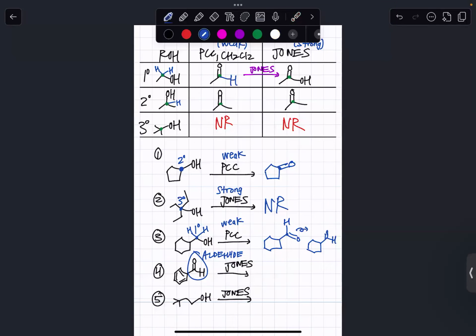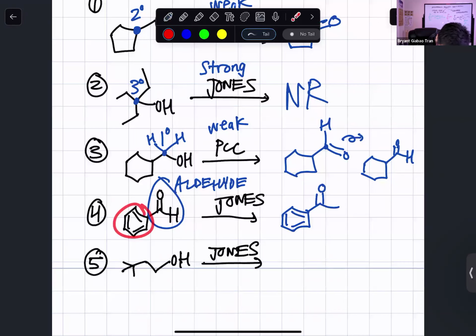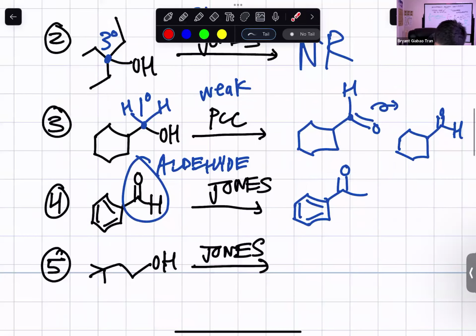Is it a ketone? So a ketone would be a carbonyl in between two R groups, right? So this is one R group right here, but this would not be an R group. When we oxidize this aldehyde right here, what does that mean? What does oxidizing a molecule mean? You could think of it in terms of oxygen or hydrogen or both.